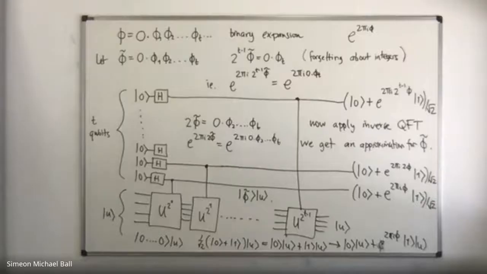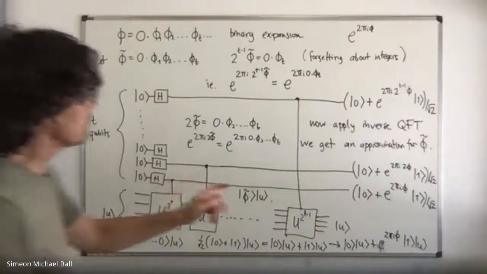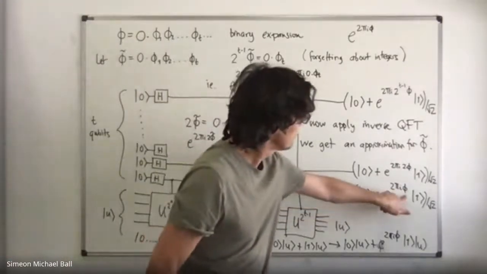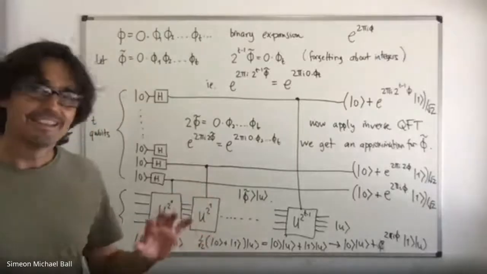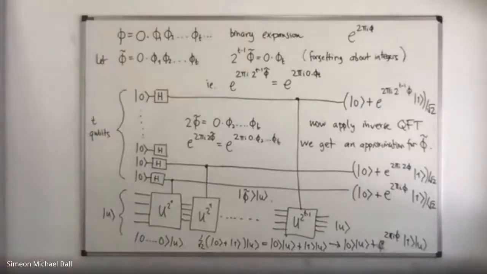Right. In fact, we get quite exactly. No, but I'm not sure about that, because this is really phi again, right? This is right. Okay, I mean it's a close approximation.